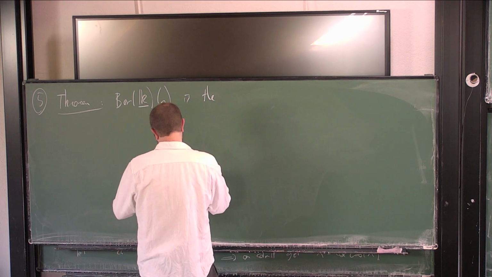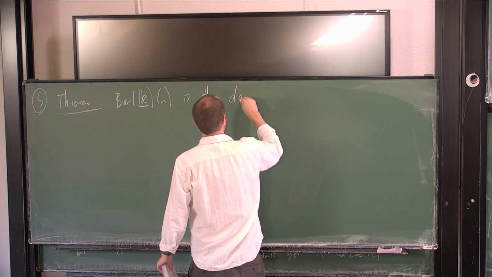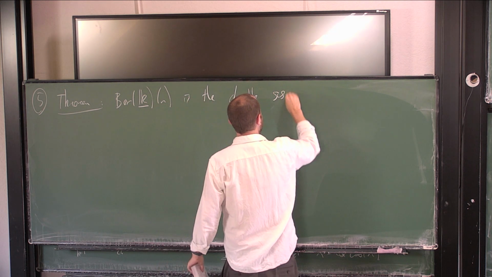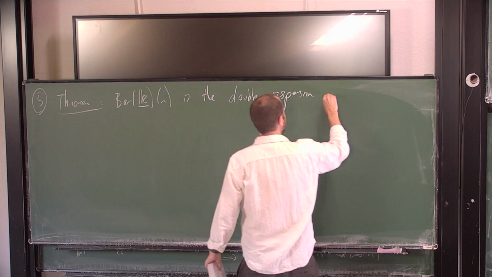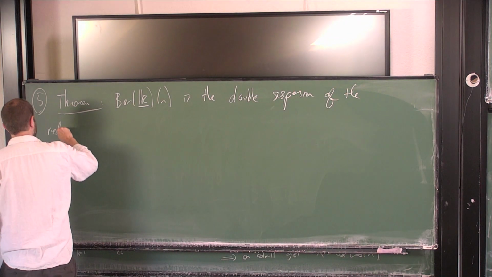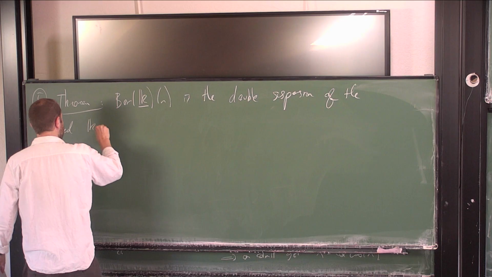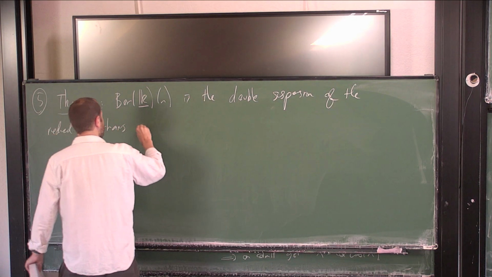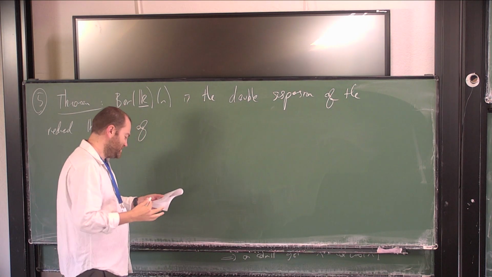This is the double extension of the reduced K chains of the following simplicial set.